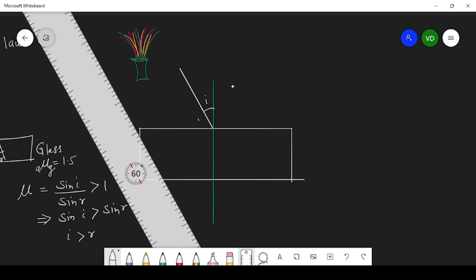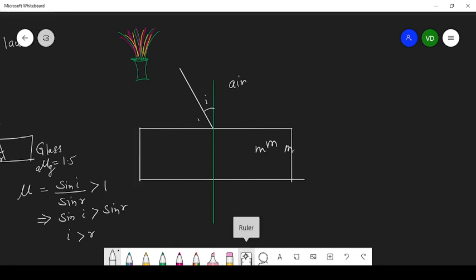This is air, and this is medium. So the light is incident from the air to the medium. This is medium, and then it will come out in the air.